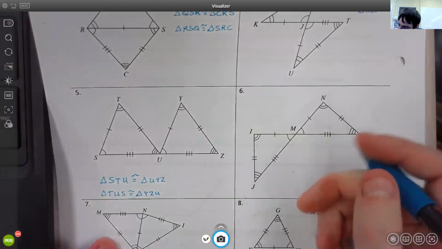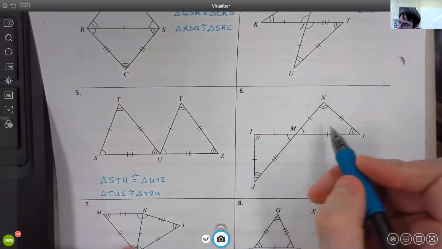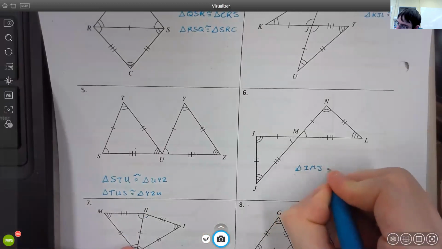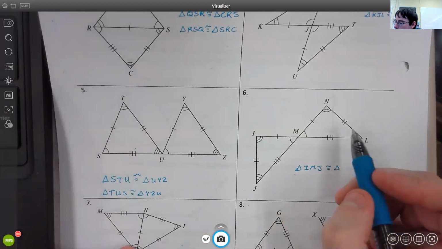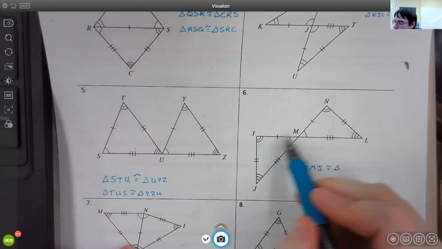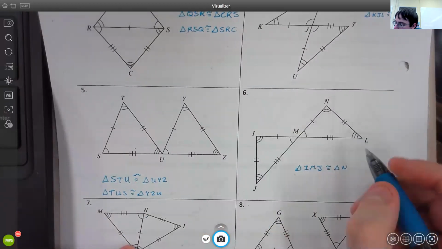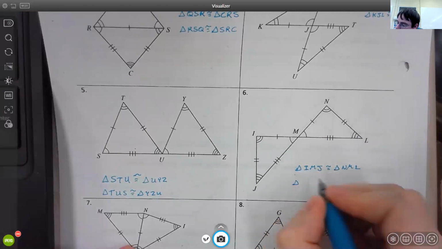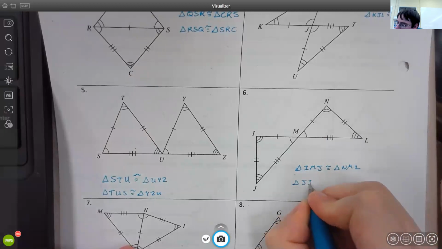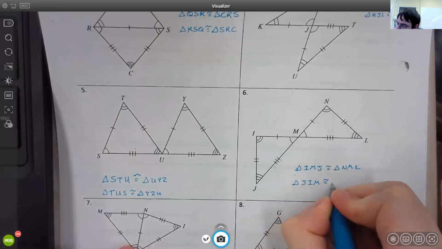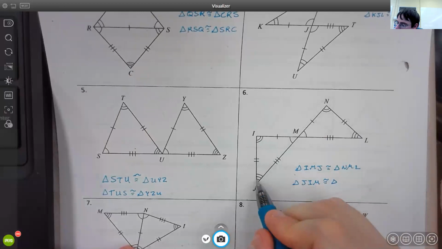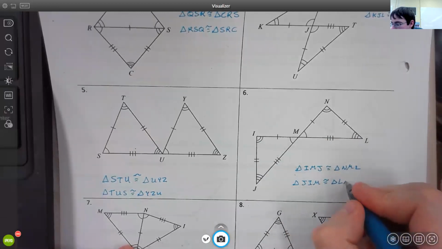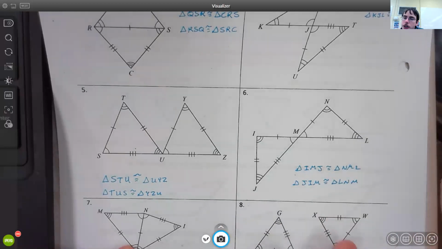Number 6, we could say that we have triangle IMJ being congruent to triangle I has 2, so does N, then M, and then L. We might also say that we have JIM. J matches up with L, I matches up with N, and M matches up with itself.